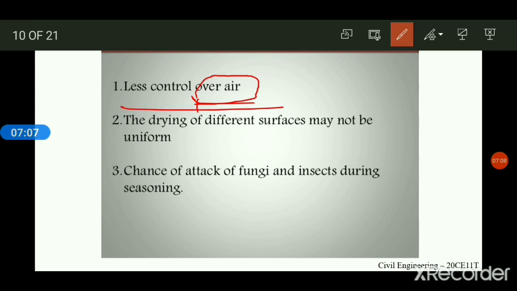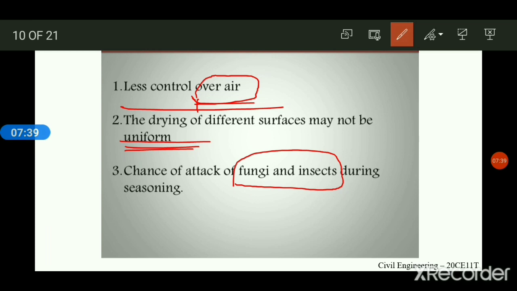And second, the drying of different surfaces may not be uniform. Yes, just as I told you, the surfaces may not get the air properly. So during the drying process, the surfaces of the timber may not be uniform. And third, chance of attack by fungi and insects during seasoning.